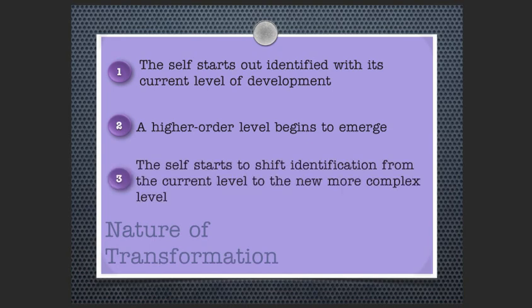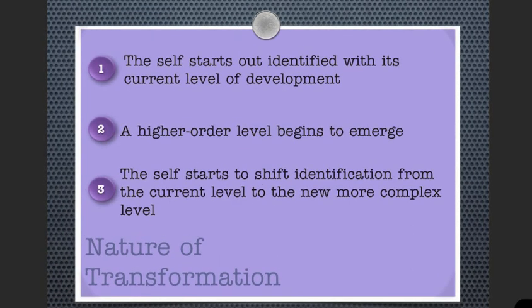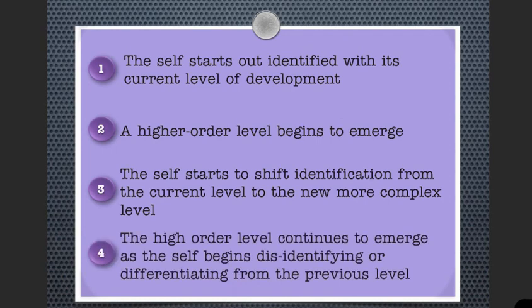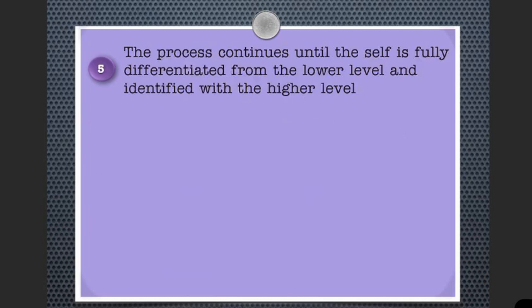The self starts to shift identification from the current level to the new, more complex level. 4. The higher order level continues to emerge as the self begins disidentifying or differentiating from the previous level. 5. The process continues until the self is fully differentiated from the lower level and identified with the higher level. 6.